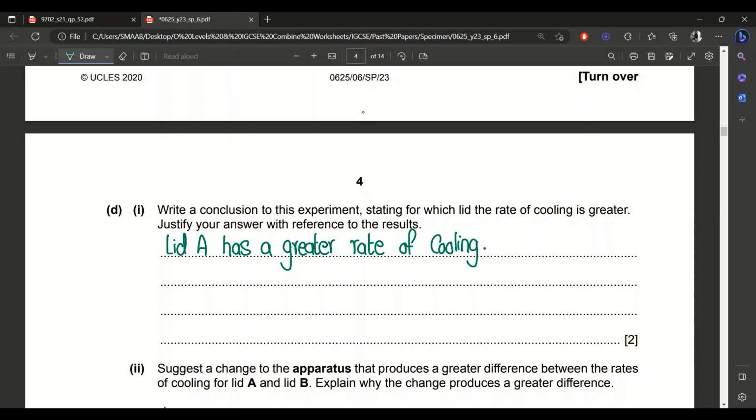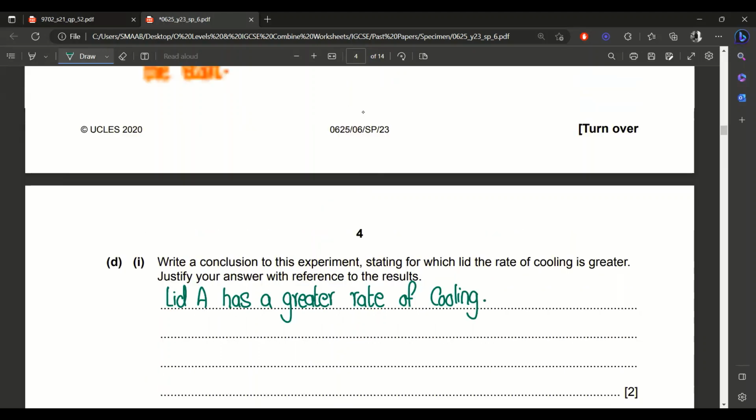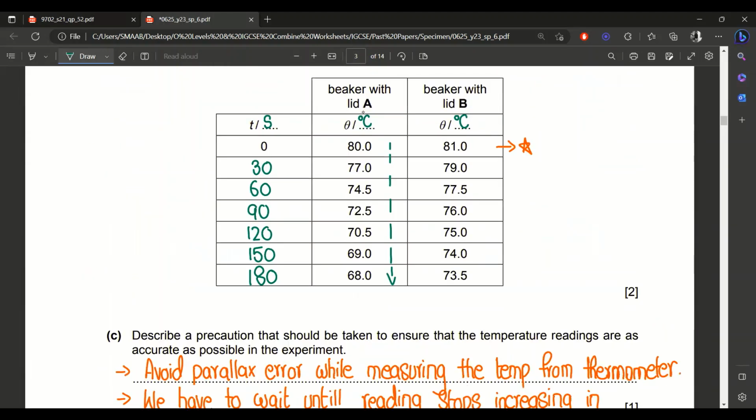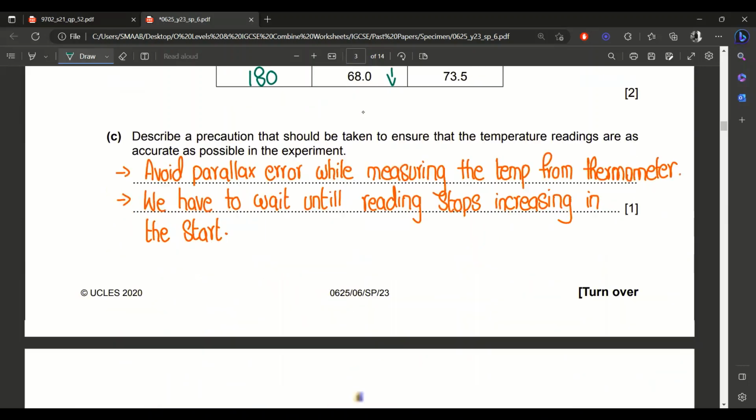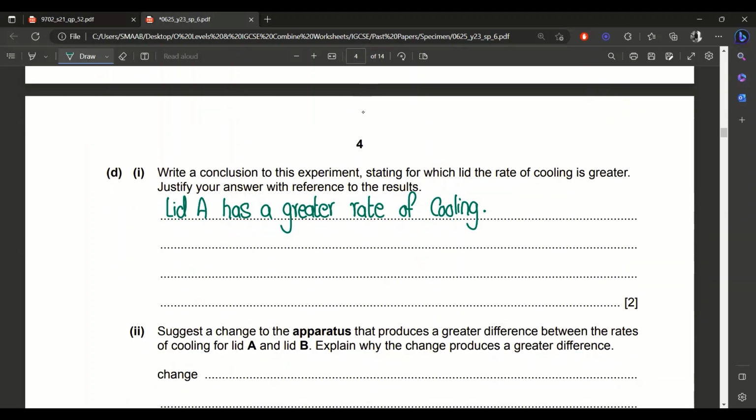And if we want to write the reason, what is the reason? According to the table, we start from 0, then we take our final reading at 180 seconds, right? So the temperature will fall more than the beaker with lid B, right? You see that this is not very difficult. We just need to write with reference to the table.